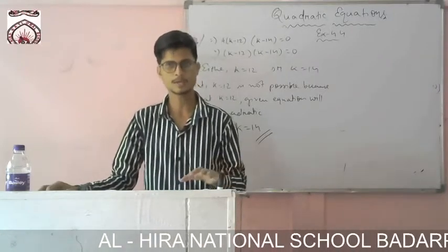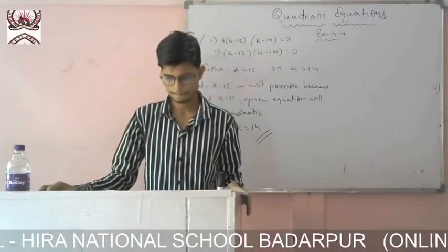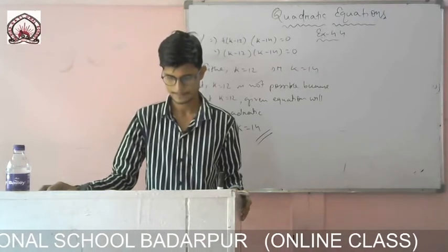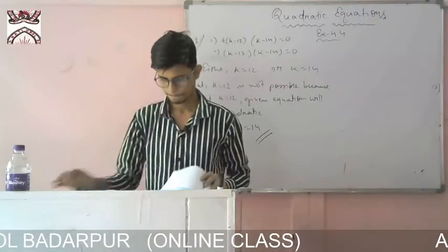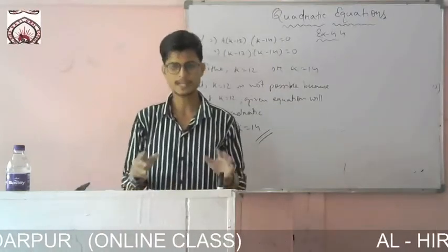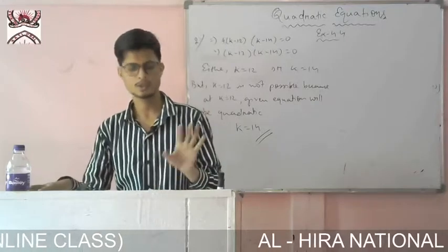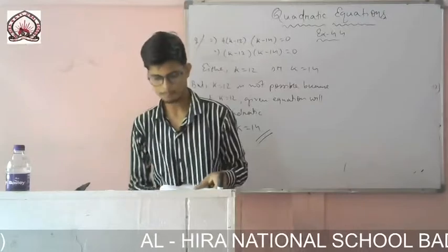Normally, we will find b square minus 4ac, and if we find that the discriminant is greater than or equals to 0, then only it will be possible. If it is less than 0, that means it is not possible.